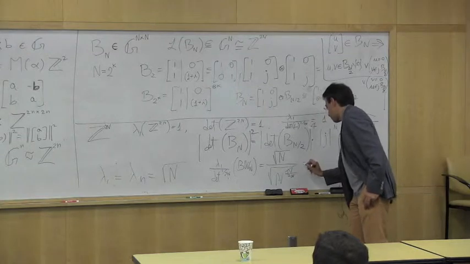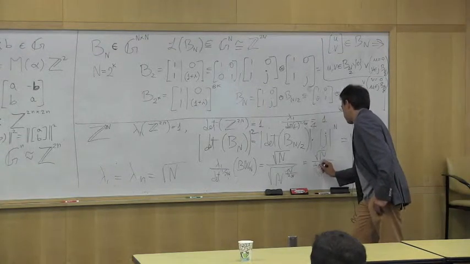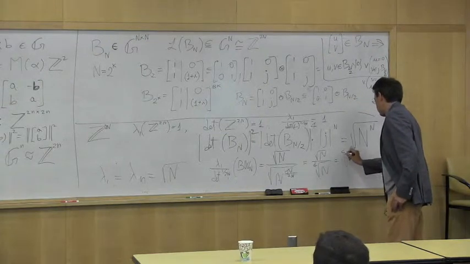And n goes away, and you get the square root of n over the 4th root of n, which is the 4th root of n.